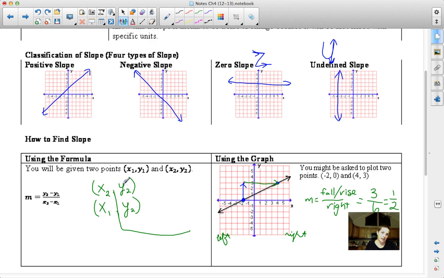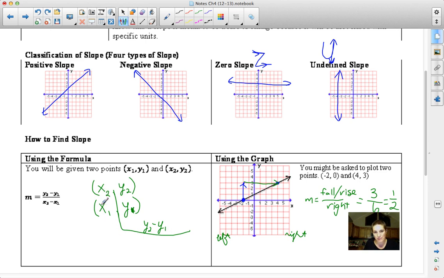On the top of the slide, oops, I didn't label this properly. This point down here, remember those were our sub 1s. So make sure that you have sub 1s even though I didn't. So y sub 2 minus y sub 1. So the top of the slide says y sub 2 minus y sub 1.